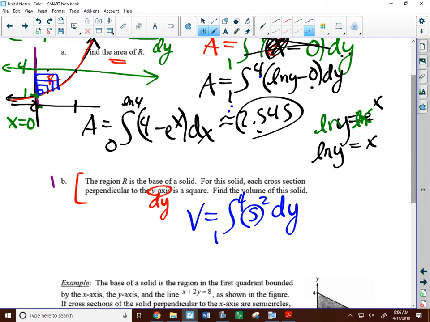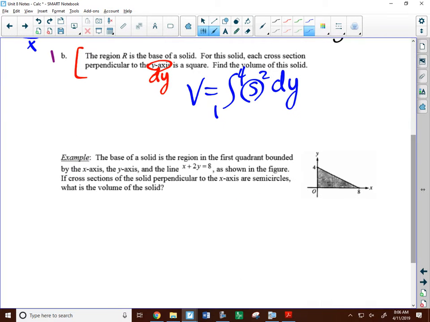So let's say the side of a square is going to be, let's see if I can choose one of them here. It's kind of hard to draw one after this. It's going to be right here, like the base of that. I know that one right there. So it's from the y-axis over to the curve, which is going to be x. And so right here, let me just do this in one step.